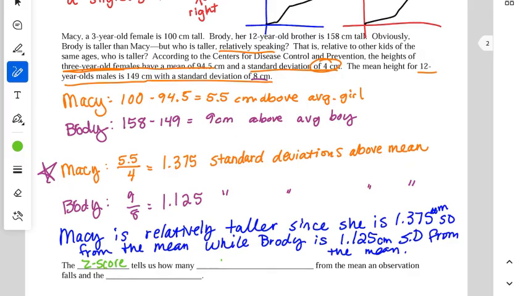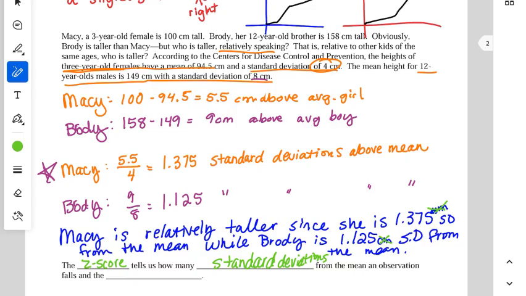Okay, so what we just found is our Z-score. So the Z-score tells us how many standard deviations from the mean an observation falls. So actually I should not have centimeters on Z-score.